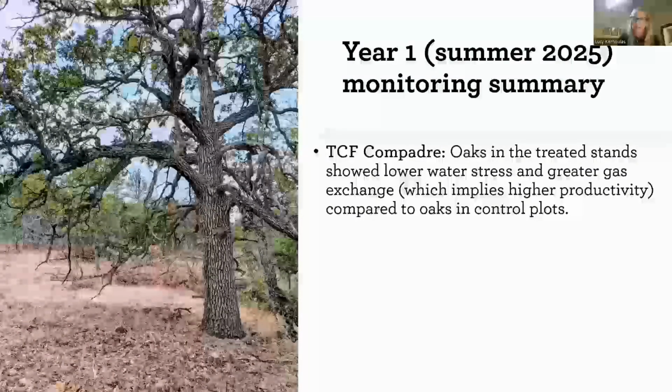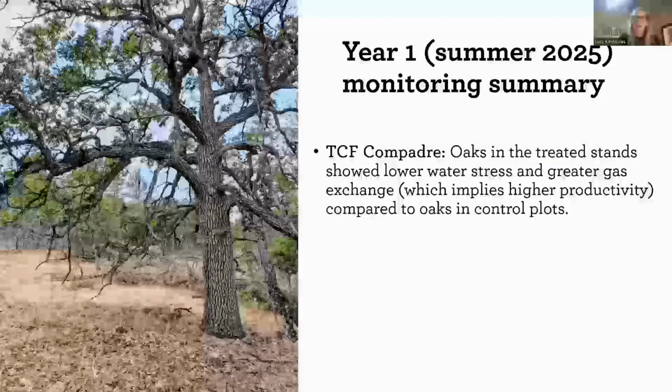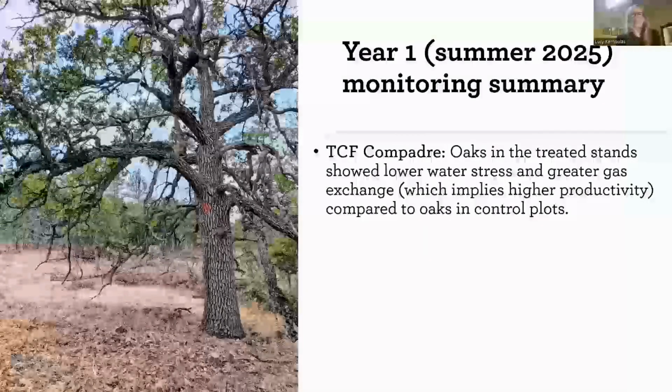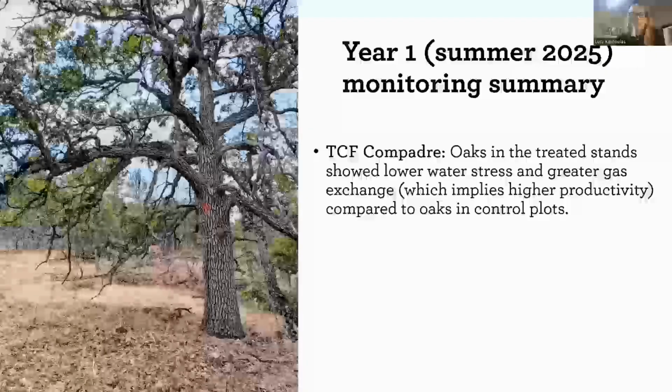And then a little teaser: we went back and did 2025 measurements, a parallel bio blitz of doing all of these measurements in the field in 2025 after the thinning treatments were done. We haven't worked up all of the data yet, but generally at Compadre, it was kind of neat, in the field in real time, it was very obvious the difference between the treated stands and the control stands.